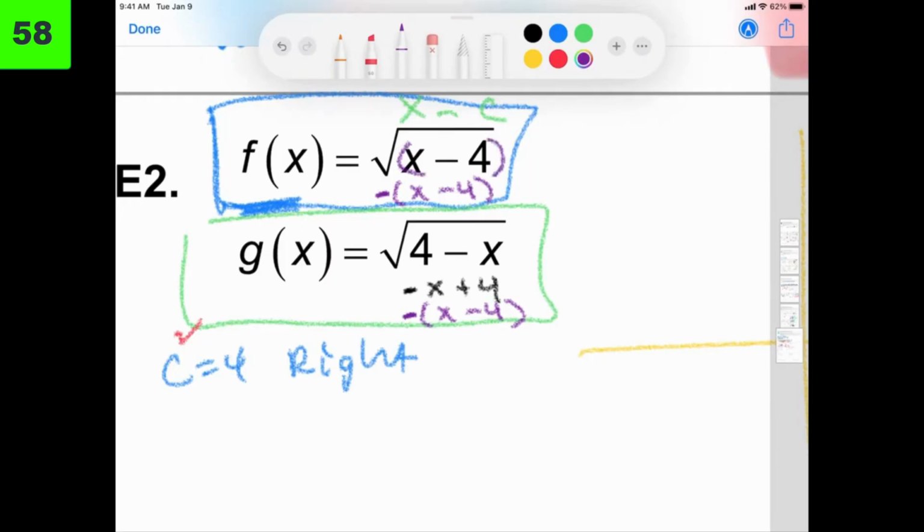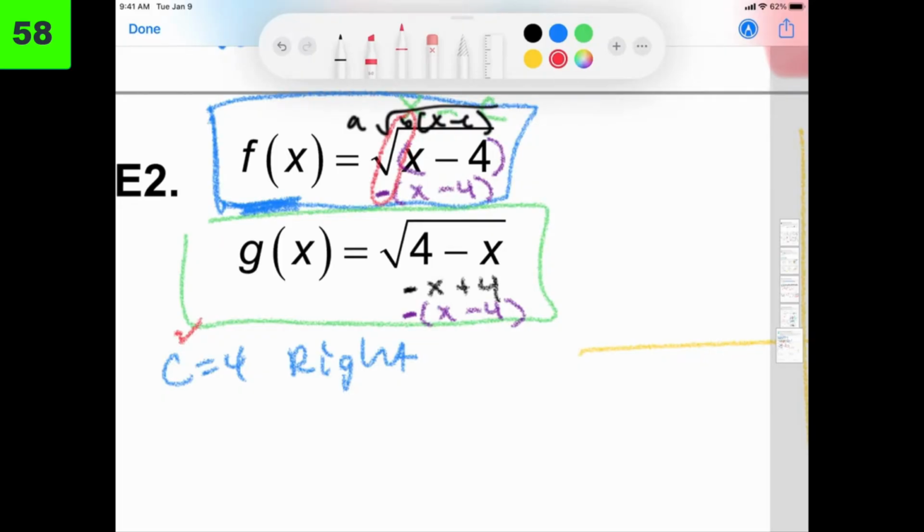So what I'm trying to point out is that that's your b value. Look. And that b value is a negative 1.